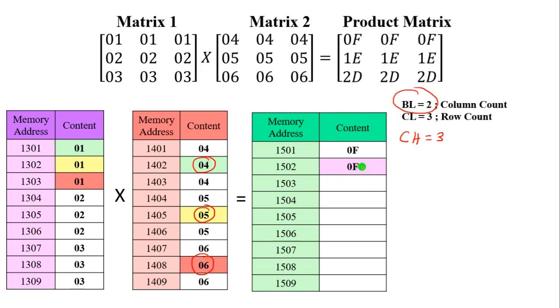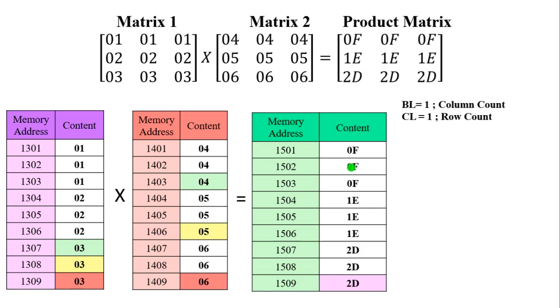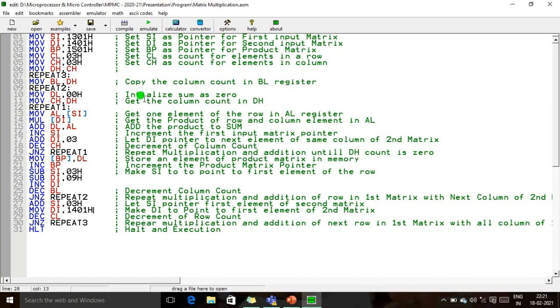The answer is the second element of the product. Like that, we are going to perform the multiplication operation. The result can be stored in this memory address.